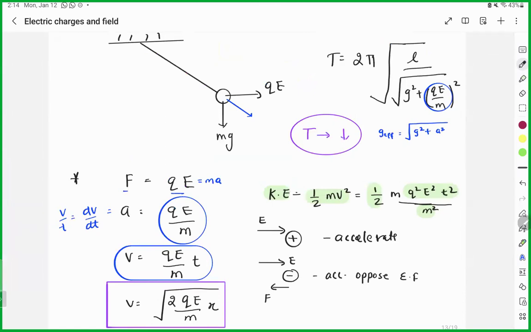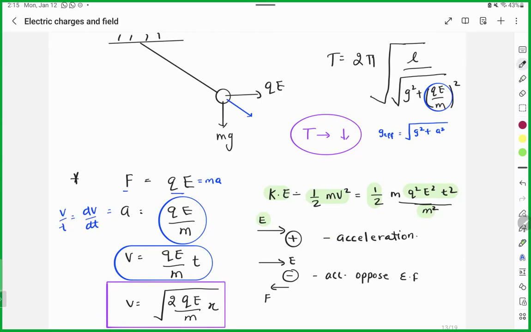Because of the positive charge, the direction of the electric field and acceleration will be the same. Why is it like this? The direction of the electric field will be the same.